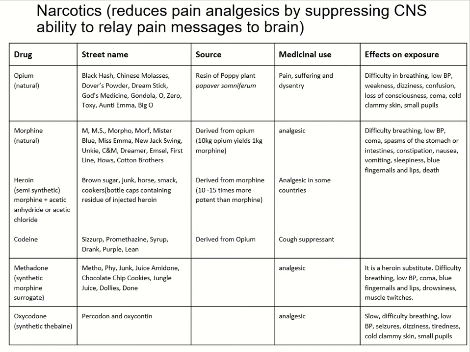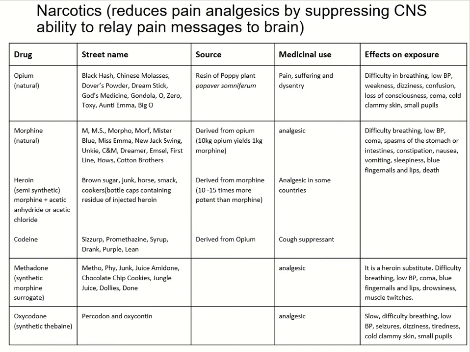The other names of opium are black hash, Chinese molasses, Dover's powder, dream stick, God's medicine, gondola, O, zero, toxi, Auntie Emma, big zero, big O, and the effects on its exposure are difficulty in breathing, low BP, weakness, dizziness, etc.